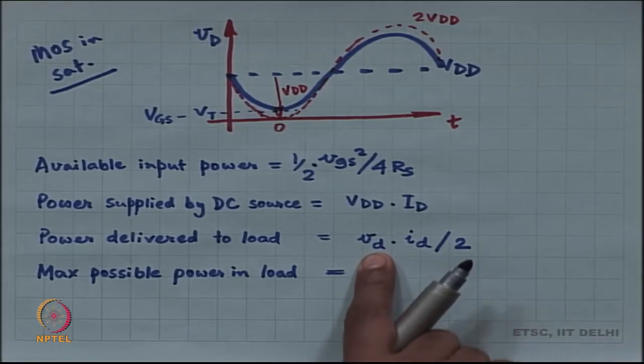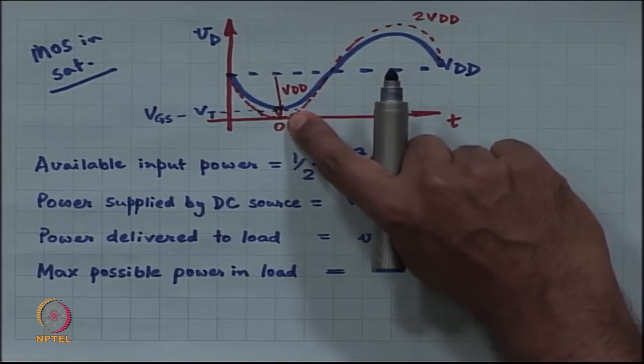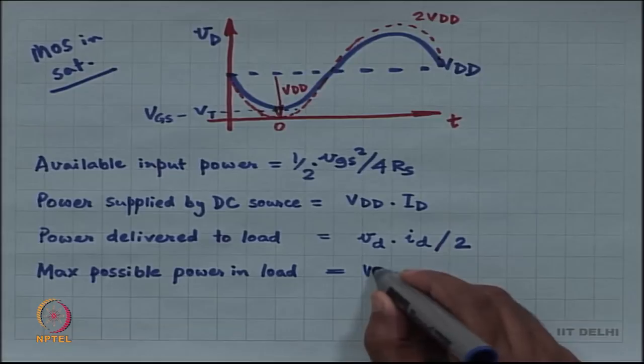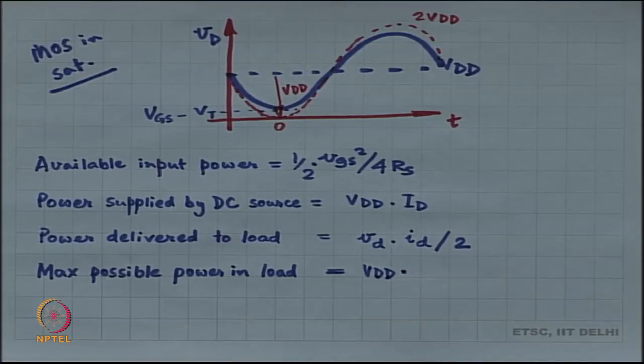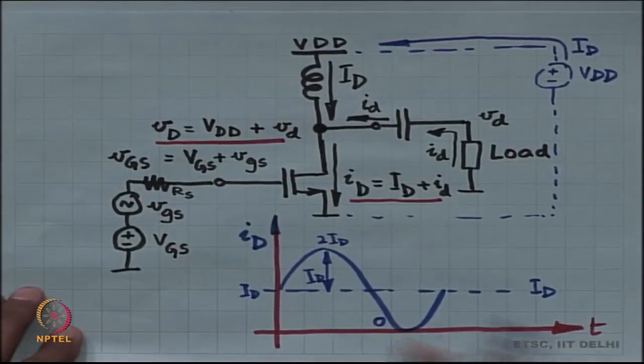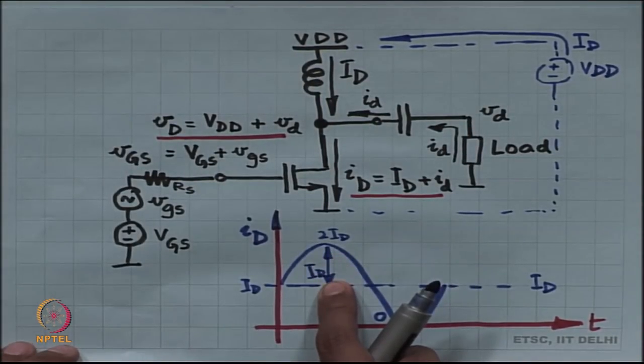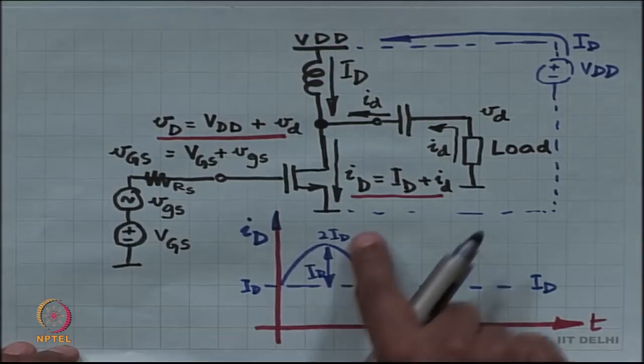We have found that the maximum possible amplitude of small Vd is nothing but Vdd, and we have also found that the maximum amplitude of small Id is nothing but capital Id, not 2 Id.